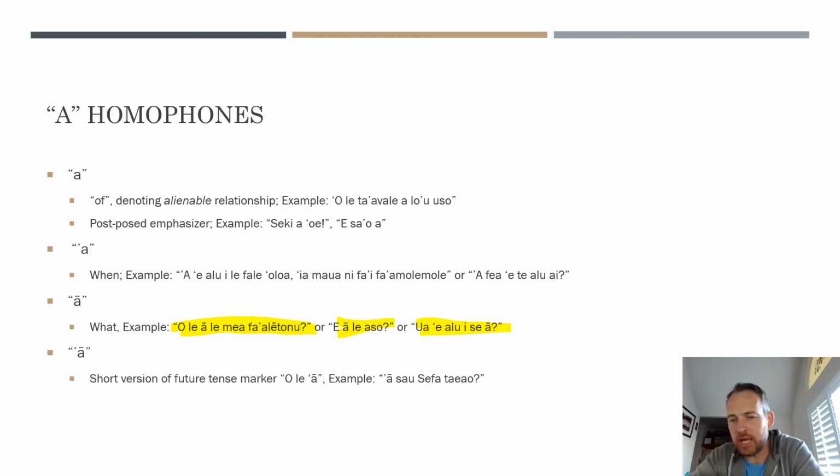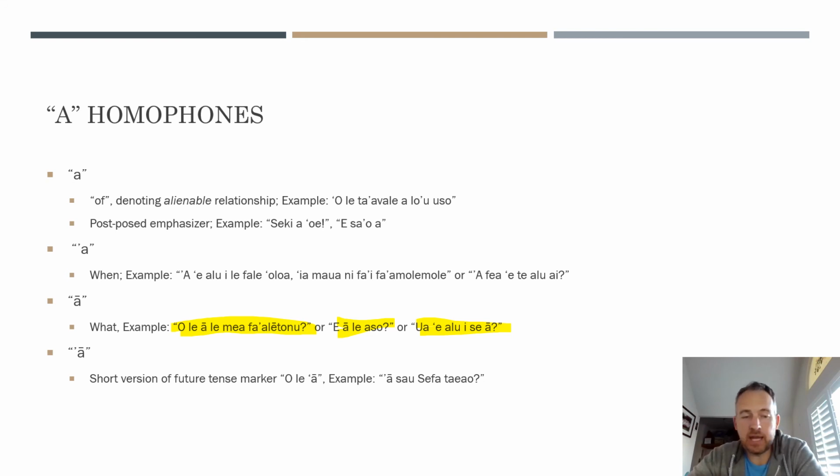Ua is a tense marker, e is a pronoun for you, alu again is to go, i le is basically to, and then "a" is our what. So you have gone to what is what that translates to. Hopefully that's helpful. You hear "a" all the time as what. I tried to introduce a few different ways you might see it in a sentence. The easiest way to translate the word what into Samoan is just by saying "o le a," but you see it in other places as well, which is why I want to show it.